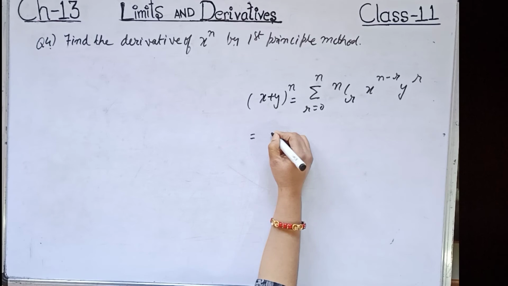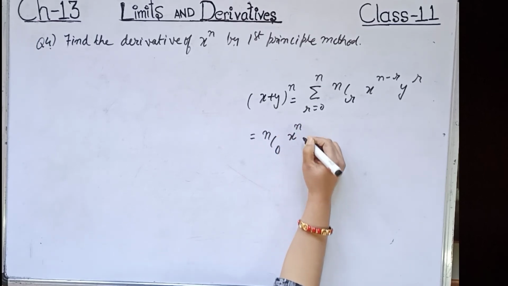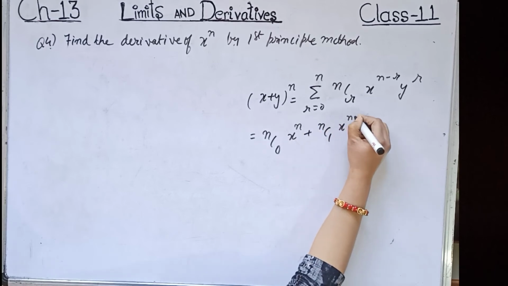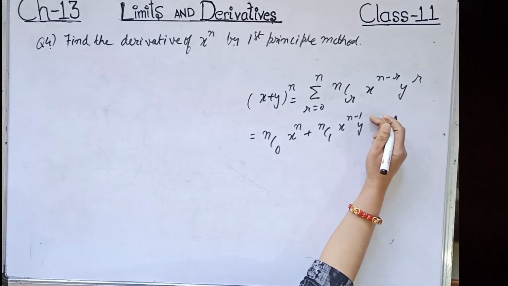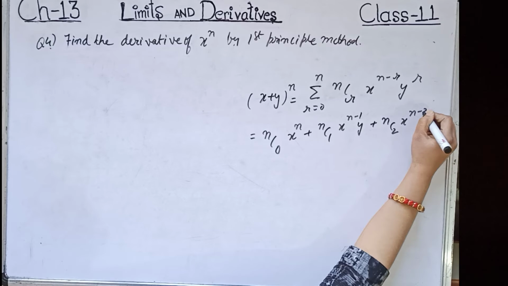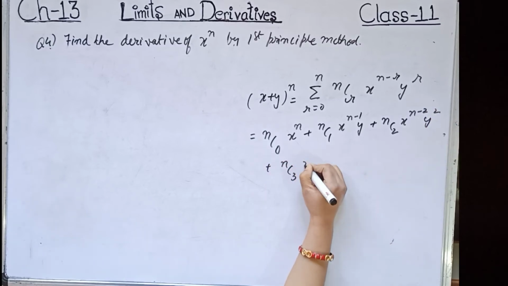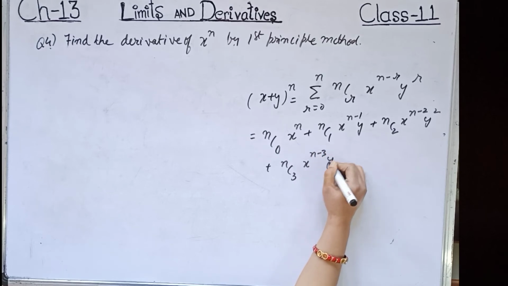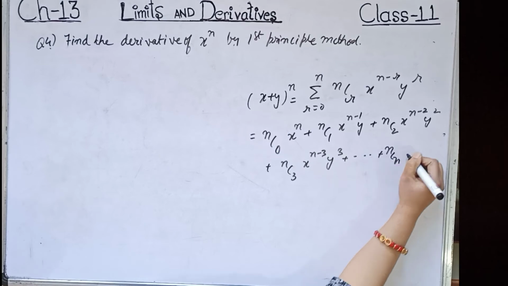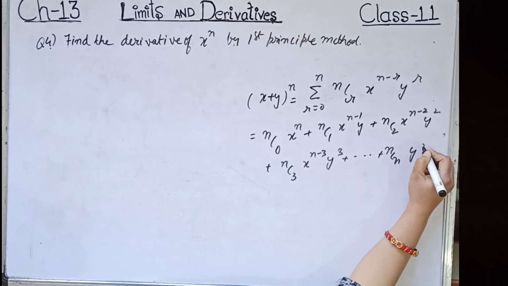Now this we can write as nC0 x^n (y^0 I am leaving), plus nC1 x^(n−1) y^1 plus nC2 x^(n−2) y^2 plus nC3 x^(n−3) y^3 plus so on up to nCn x^0, which I am not writing, and y^n.